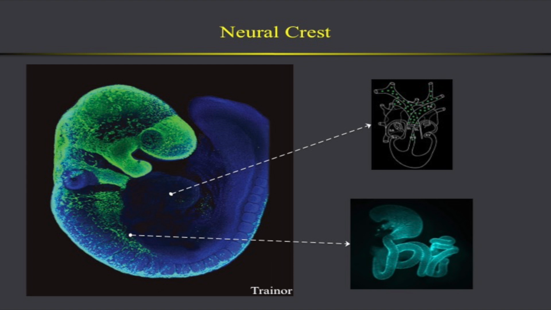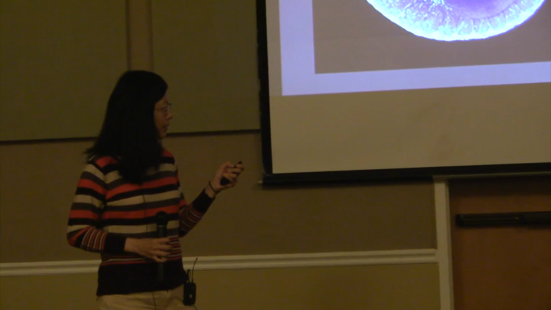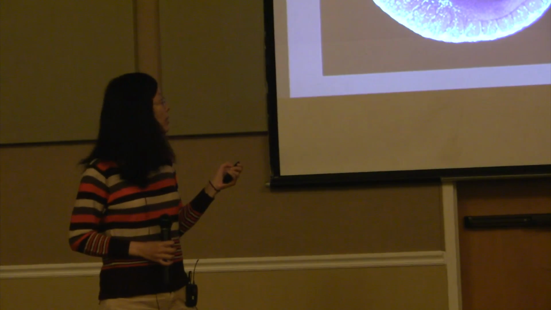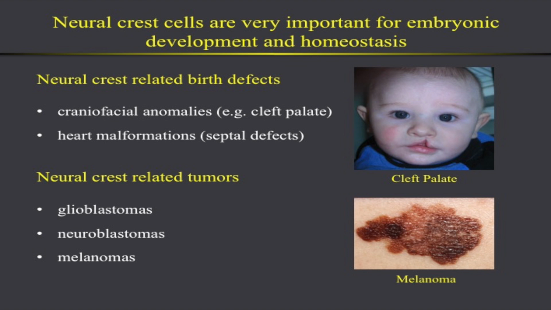Since neural crest cells give rise to all these different derivatives, any defects in neural crest development or migration will lead to lots of birth defects or diseases. Actually, about a third of all congenital birth defects are neural crest related. Among them, there are lots of craniofacial anomalies and some heart defects, as well as many others.